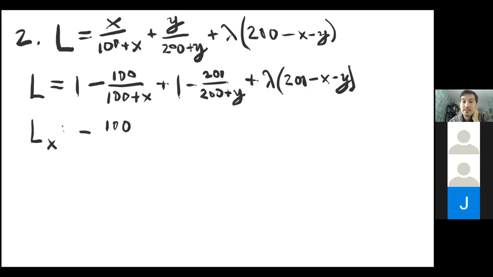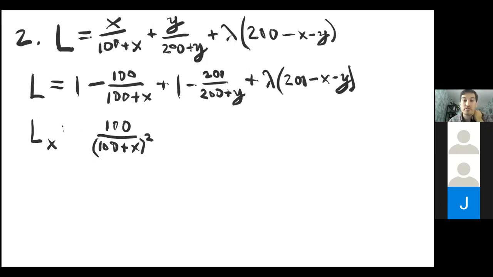The 100 plus x in the denominator becomes 100 plus x, quantity squared, and we multiply by negative 1 because the exponent is negative 1. That is equivalent to just getting rid of this negative. That's what we get for the partial derivative with respect to x.